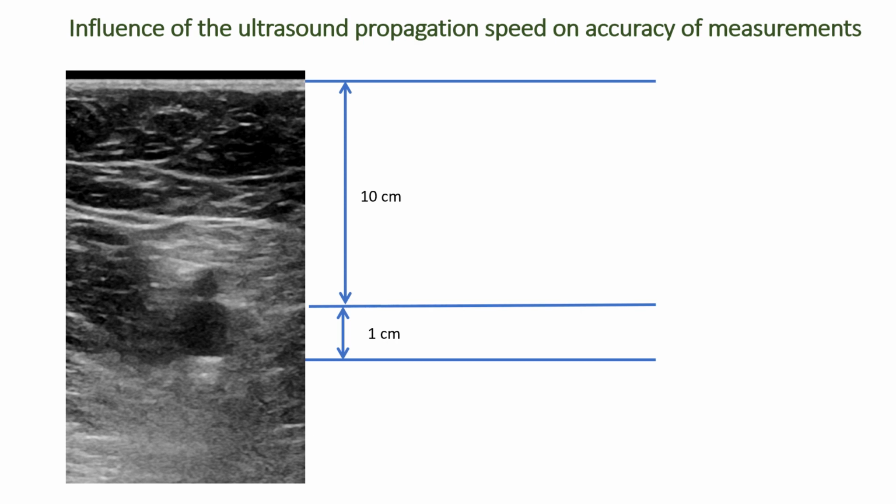In this example, the ultrasound wave traveled through 10 centimeters of the soft tissue and then through a vein 1 centimeter in diameter. The reflection from the closest vein wall to the transducer will arrive at about 65 microseconds after transmission.